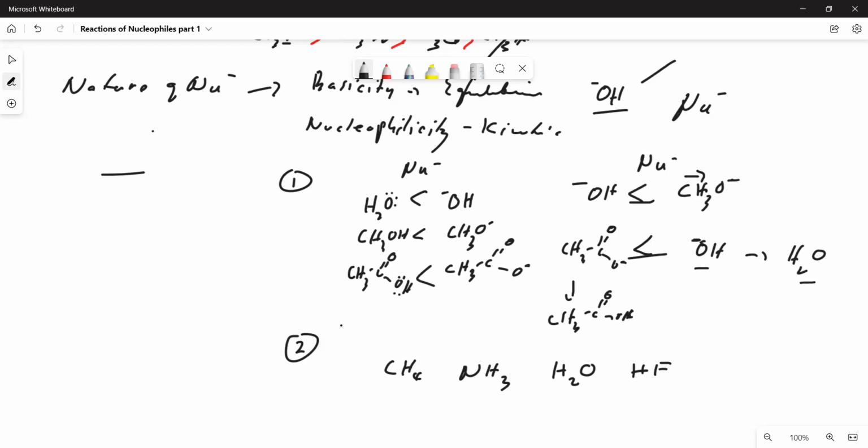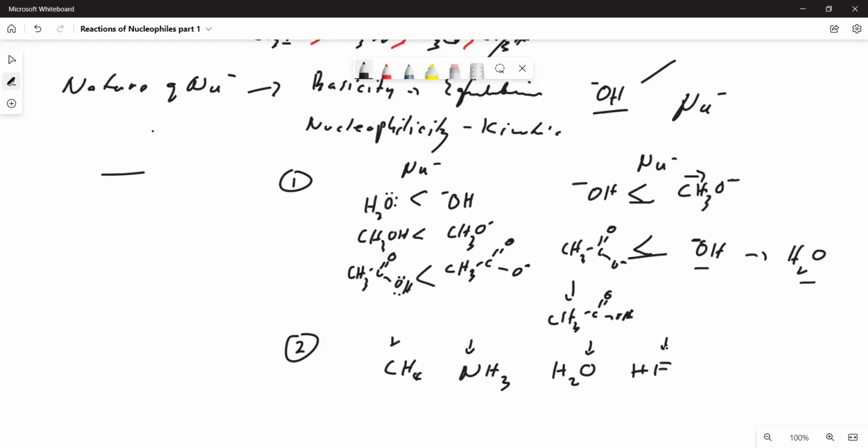Okay? Carbon, nitrogen, oxygen, fluorine, they belong to the same period. Although their atomic size will decrease from left to right, the decrease is not so much compared to within a group or family. There is a very large increase in size going down. But for atoms across the period, not much.